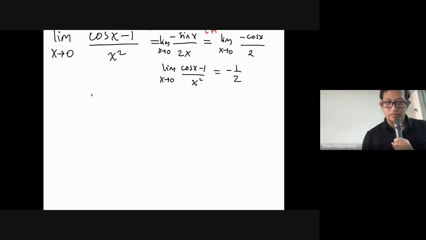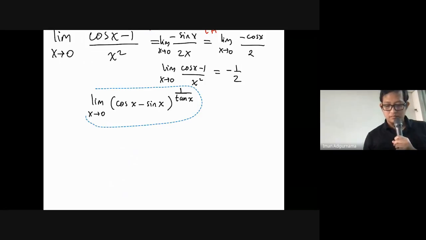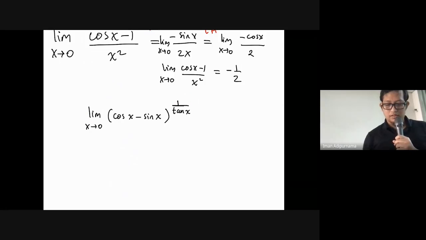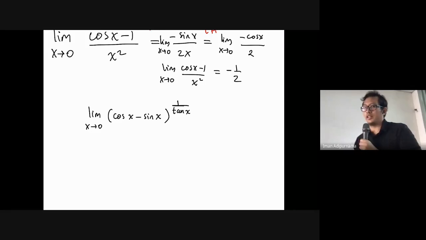And for example, if you have the limit as x approaches 0 of cos x minus sin x to the power of 1 over tangent x.